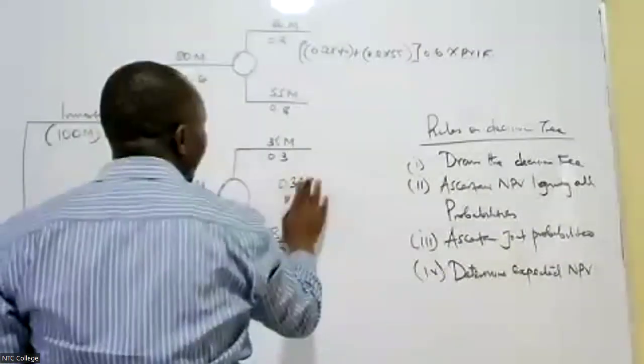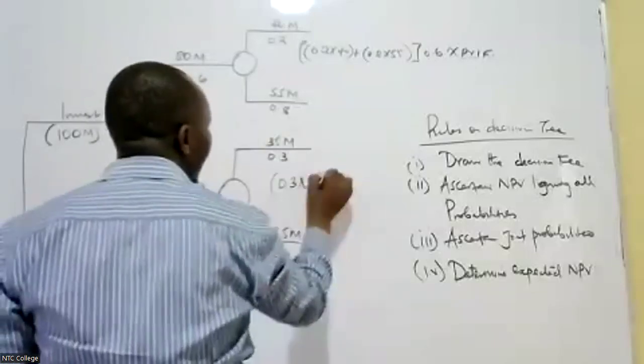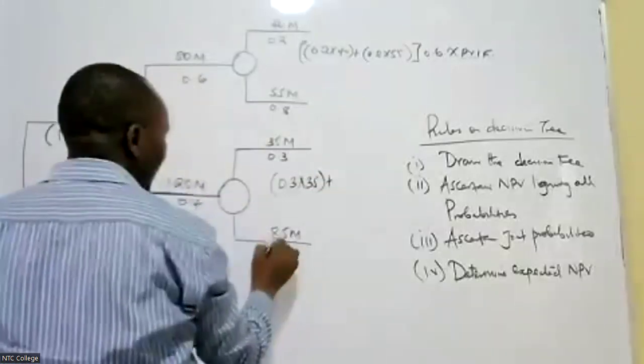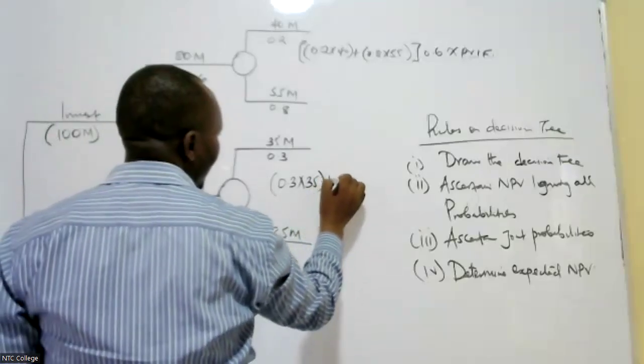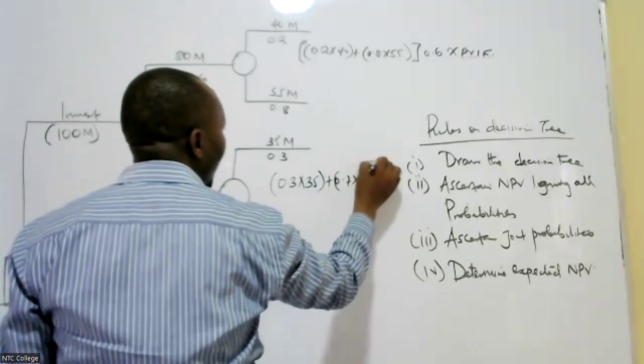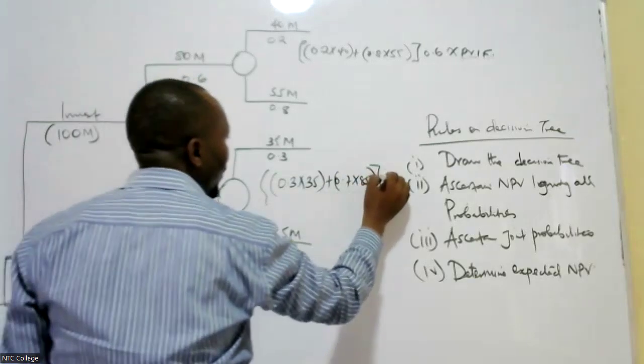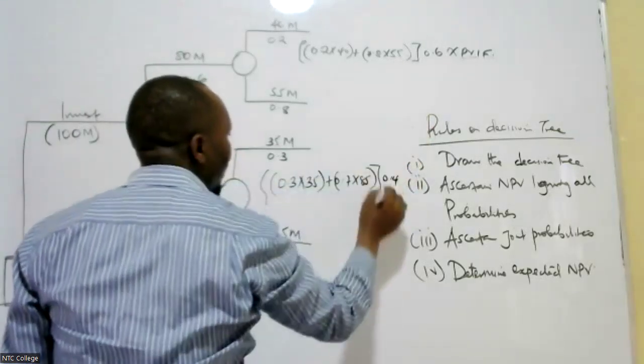Times 35. This one plus this 0.7 times 85. Then all these, you multiply with the joint, their common probability, which is 0.4. That's the same you did to this.